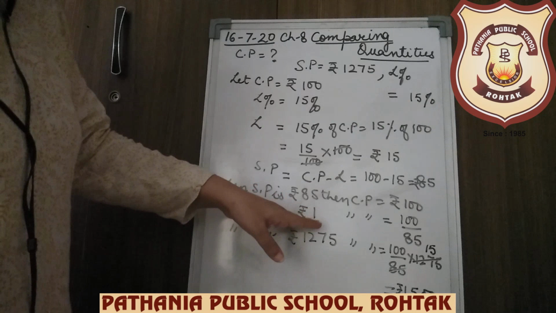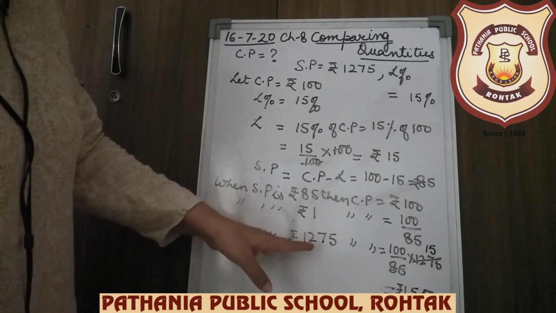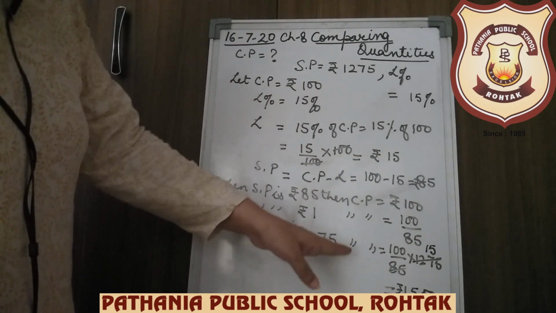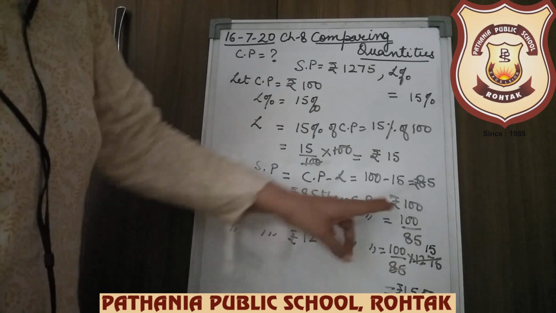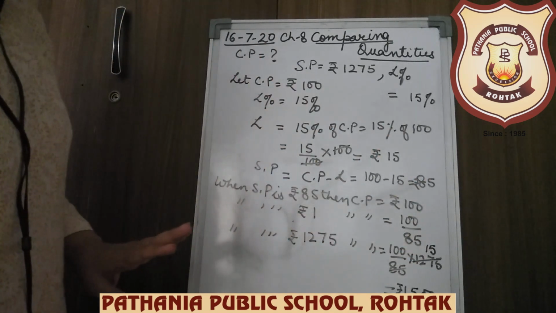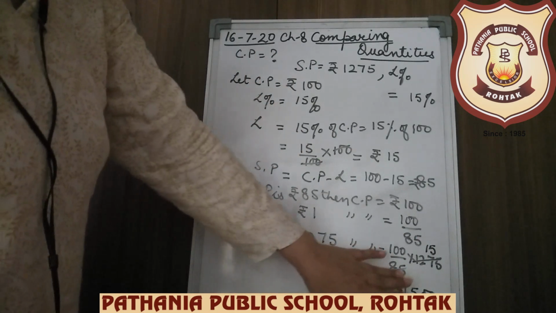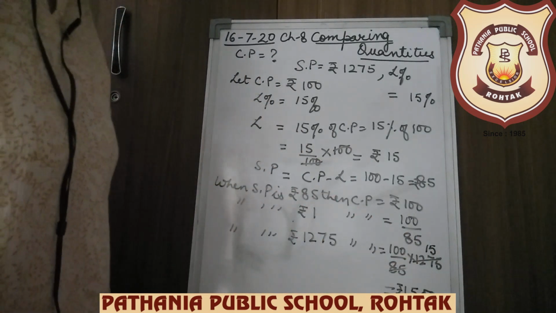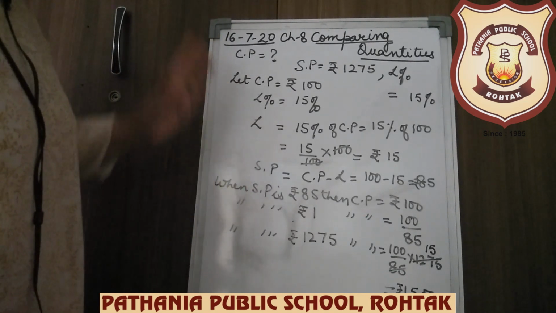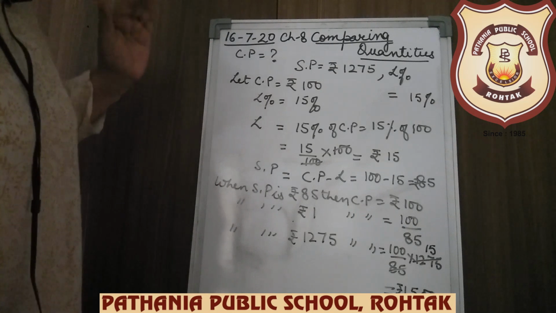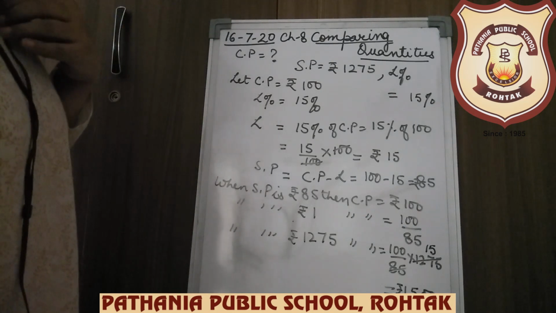When SP is 1 rupee, it is 100 upon 85, and when it is 1275, multiply it with 1275, and you got your CP as rupees 1500. So in this manner you are going to calculate your SP and CP. This is regarding your profit and loss.